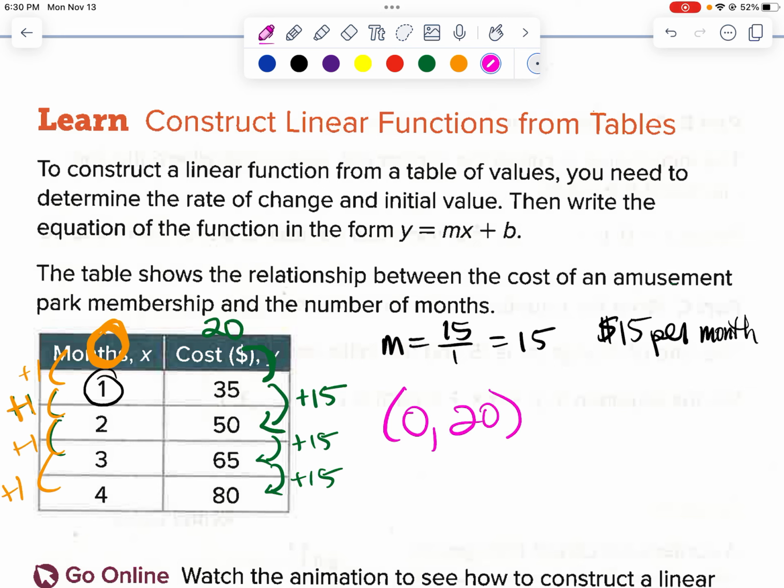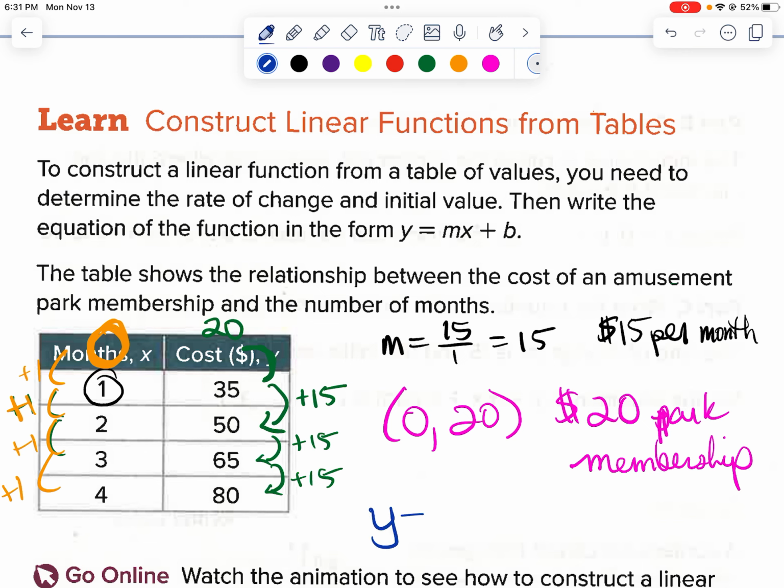So what does that 20 mean? It means it's $20 for the park membership. Can't spell member today. Okay, so then I need to come up with an equation. Y equals, it's $15 per month, so that's 15x, and the membership is $20. So y equals 15x plus 20.